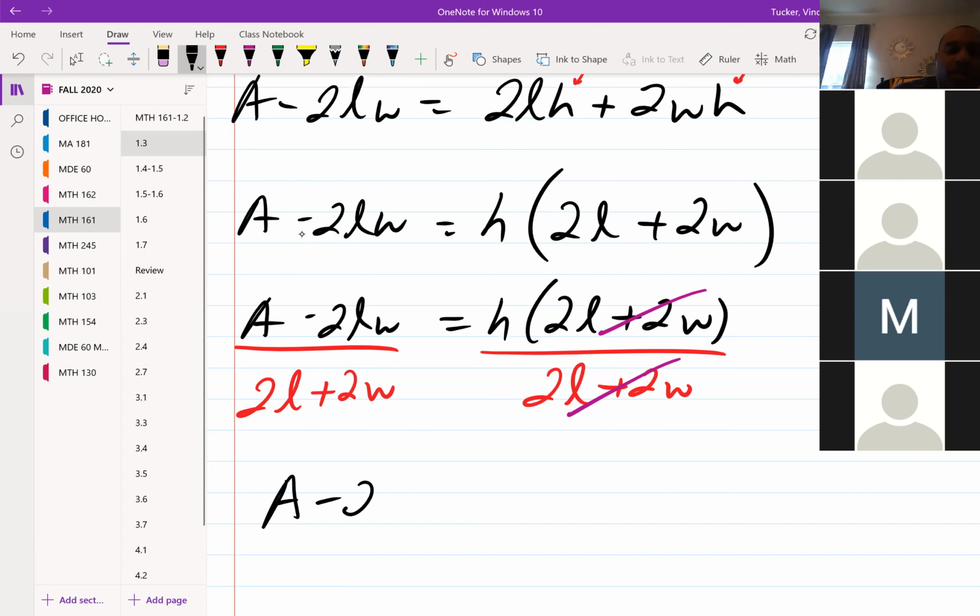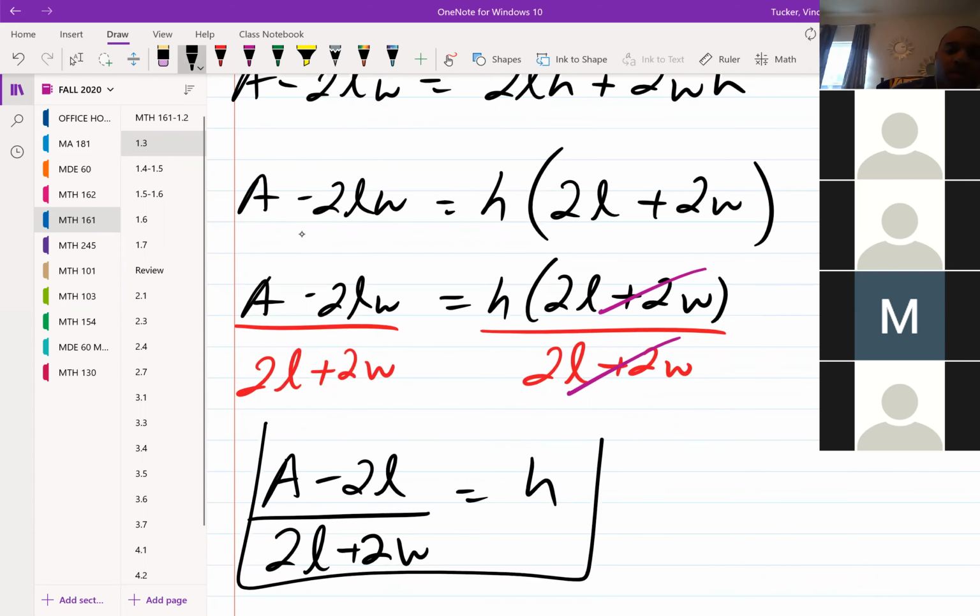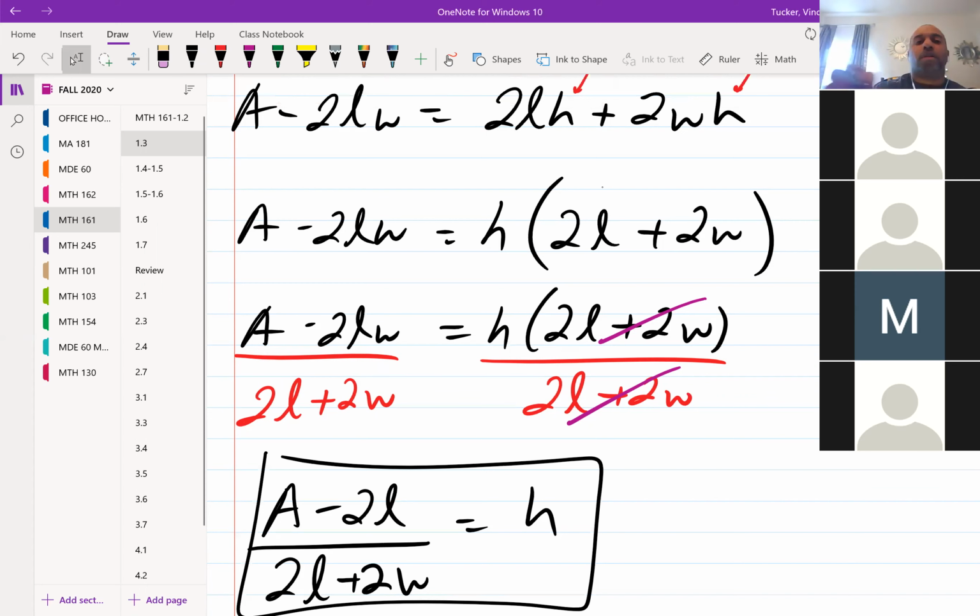And I see somebody in the chat. I'm going to come to you in a second. Let me write this. All right. So the other H, when you factor, when we went from this step to this step, I pulled that H out of each term. So that H represents that same H that's in both of these terms.